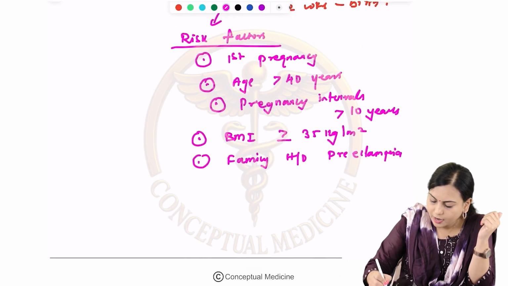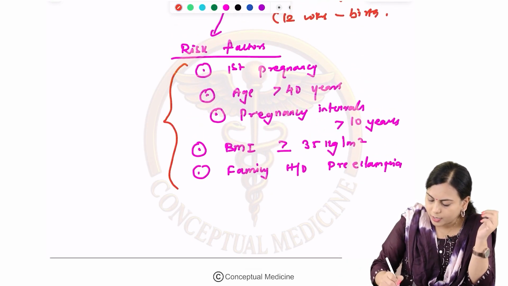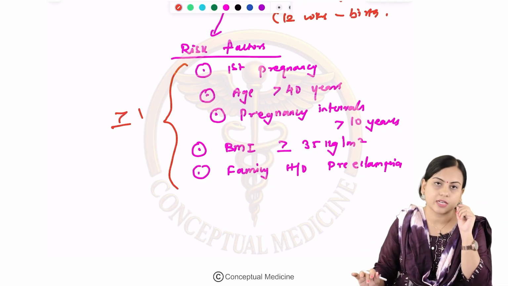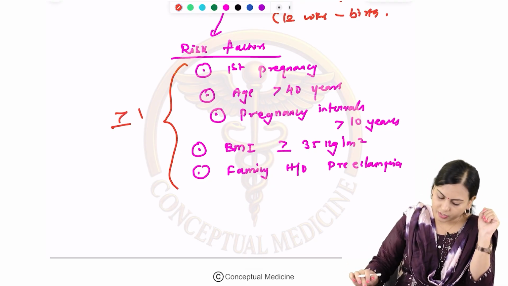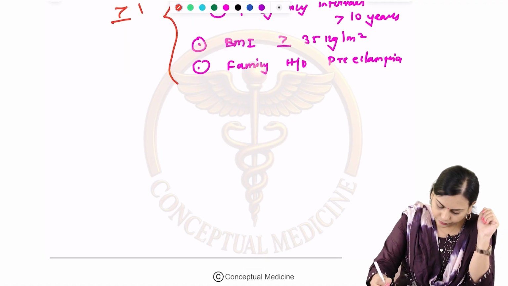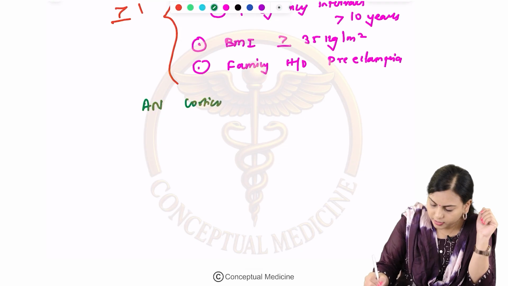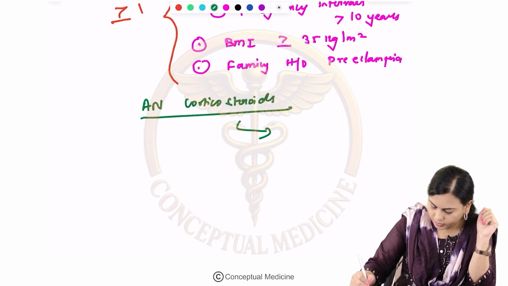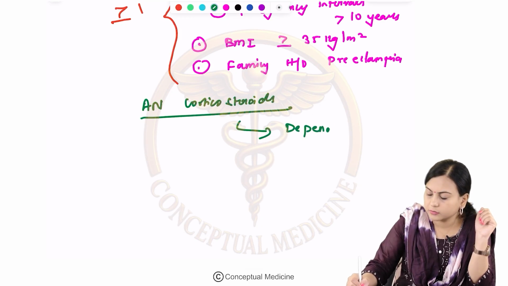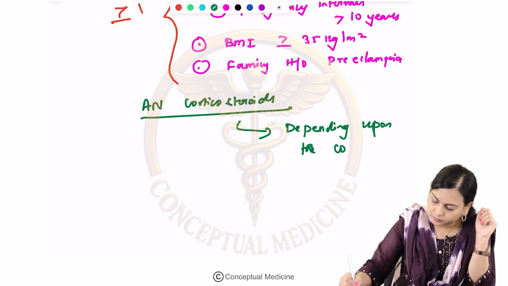If you have one or more risk factors, you have to start her on aspirin. Clear? Right. And don't forget to give antenatal corticosteroids, depending upon the gestation and the complication.